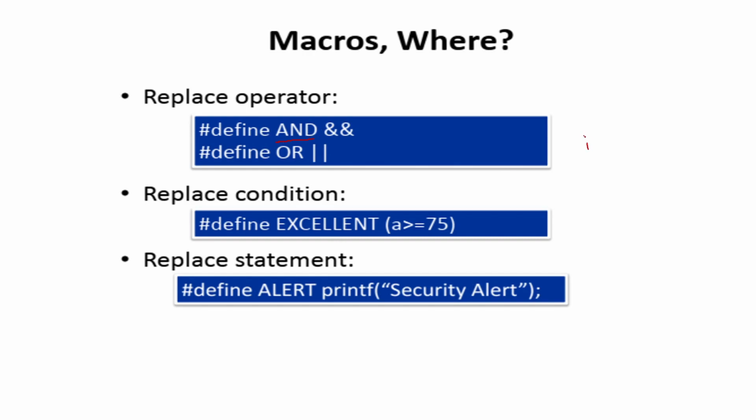I mean, I can say that if A and B. But this AND keyword really does not exist in C. We have defined it for our purpose. So when the actual program is executed, this AND will be replaced by A and then B, like this.